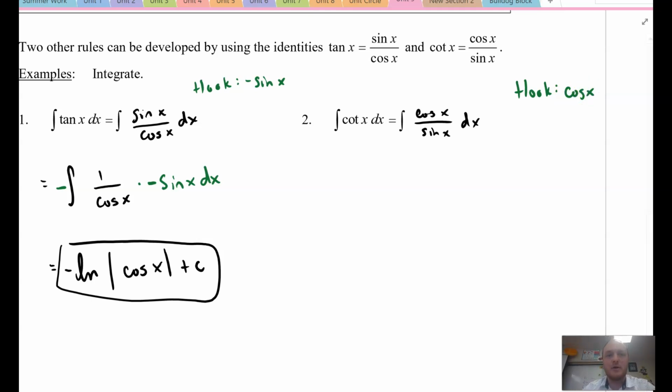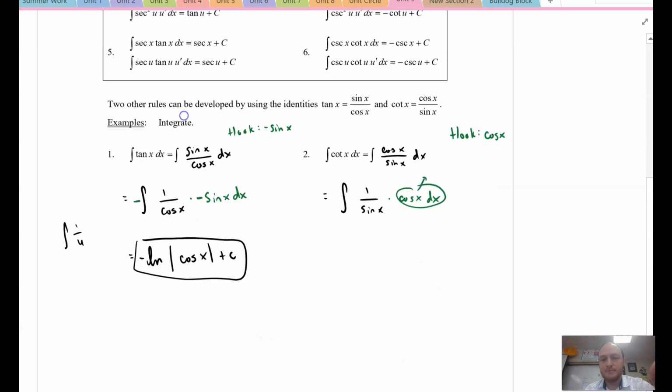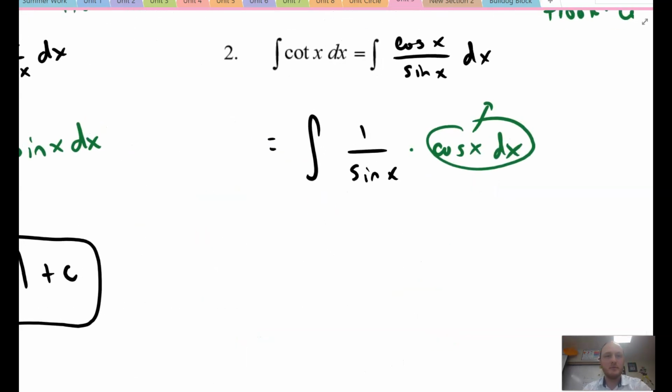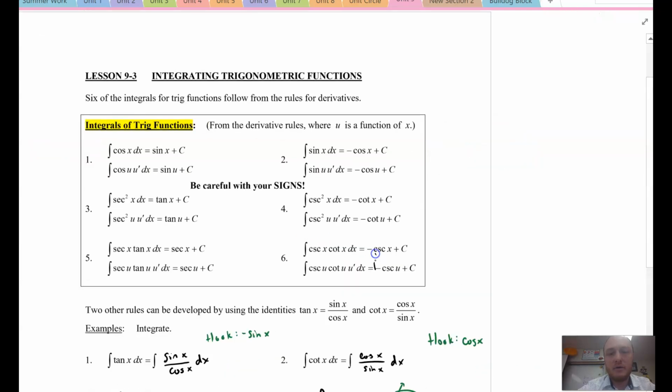So I can rewrite this as the integral of 1 over sine of x times cosine of x dx, and here is our hook. And this would be the natural log of the absolute value.